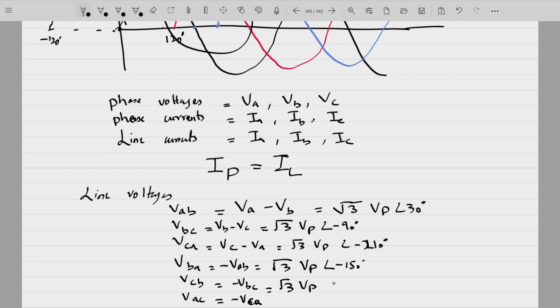Root 3 VP minus 90 minus 180, that means minus 270 degrees. Root 3 VP minus 210 minus 180, that is minus 390. Minus 390 means minus 30 degrees.